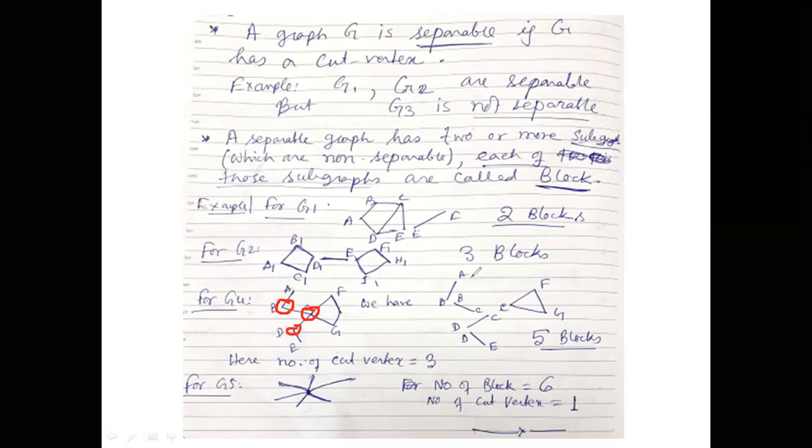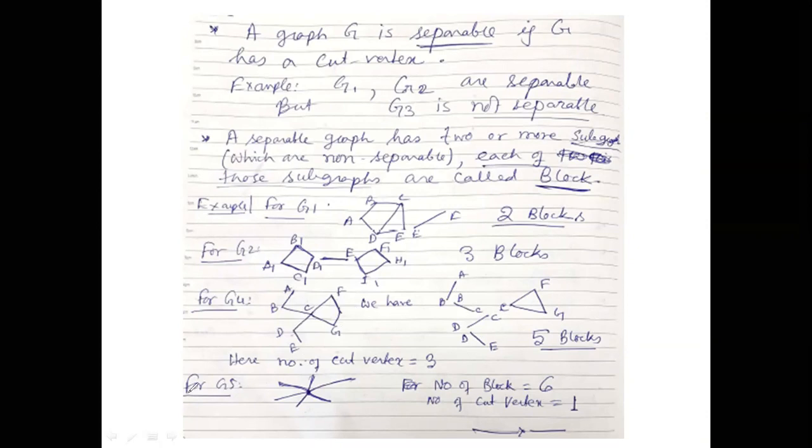But we see there are five blocks, right? AB is a block, BC is a block, CD is a block, D is a block, CFG is another block. A block is a subgraph, or component, of the graph and so on.